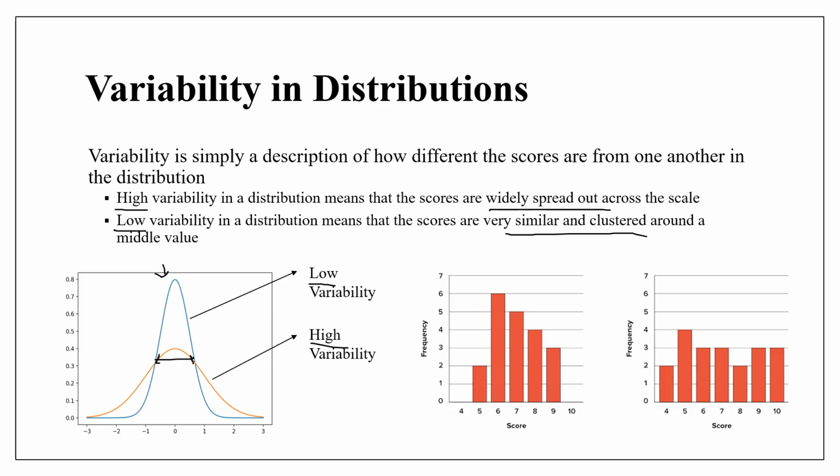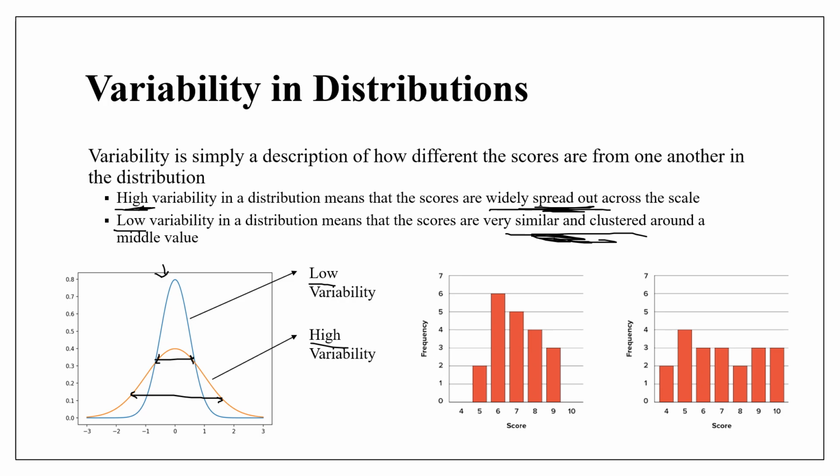For high variability, you see that it's a very wide distribution. And what that is implying is that the scores are more spread out. So when we have high variability, we're going to have scores that are spread out. When we have low variability, we're going to have scores that are very similar and clustered.